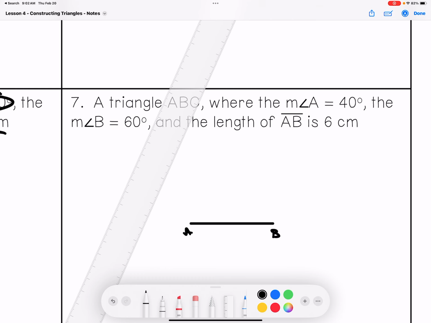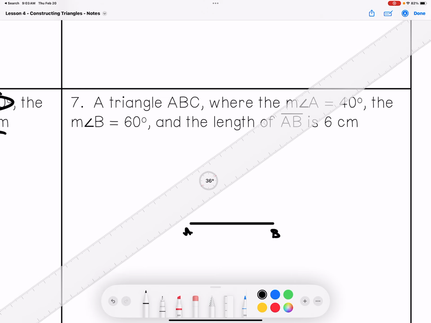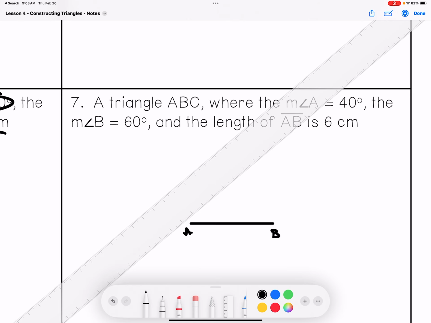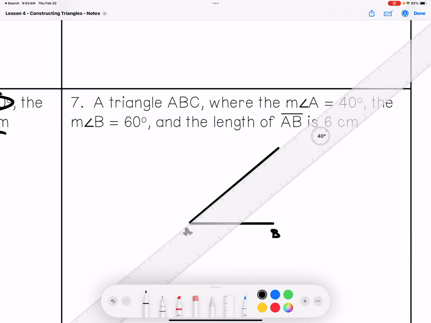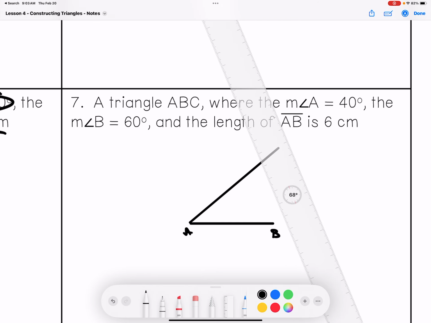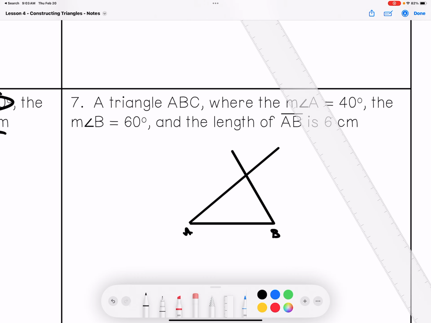Line AB is 6, so I'm going to label those A and B. Angle A is 40 degrees, so I need to come over here to A and find 40 degrees. There you go, and the angle B is 60. And then go erase. That's it.